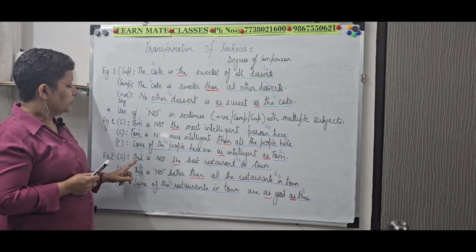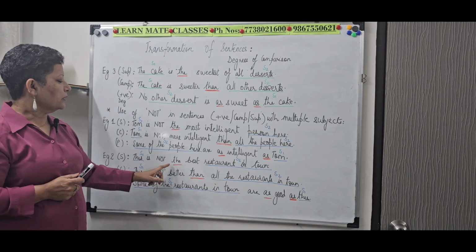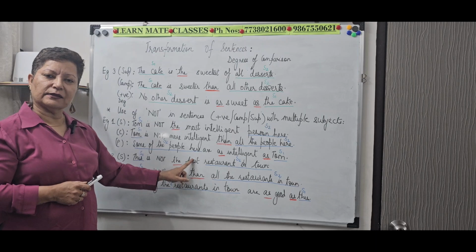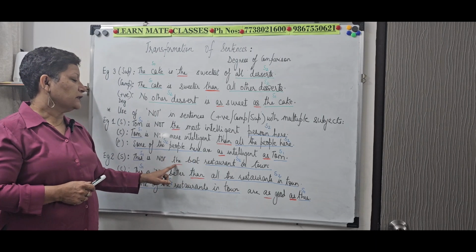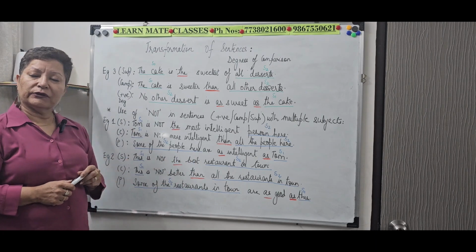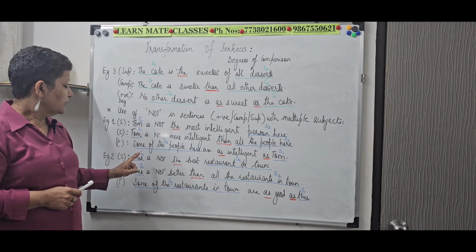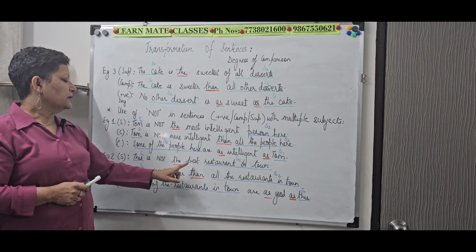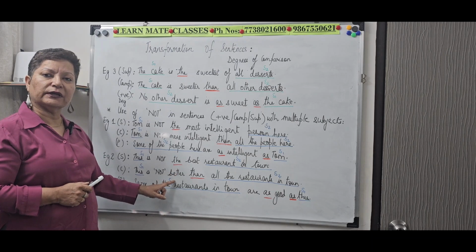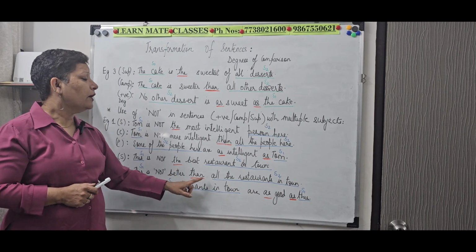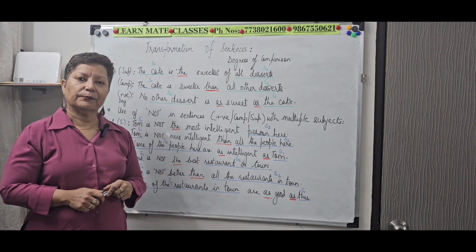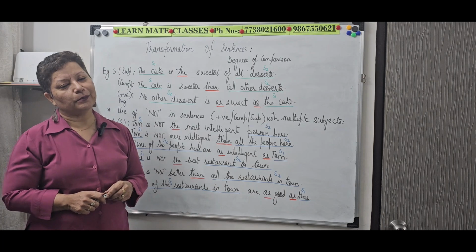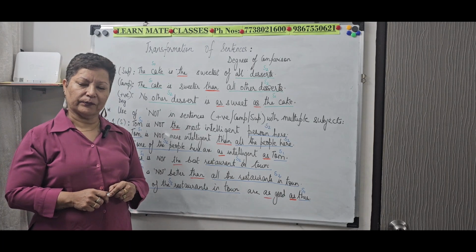So, when I say this is not the best, you can understand this is in the superlative degree prefixed with the. When I'm transforming this into comparative, the subject one will still remain in the front. This is not. Instead of best, use the comparative degree: better than all the restaurants in town. That means there are some which are still better than this particular restaurant. Is that okay?